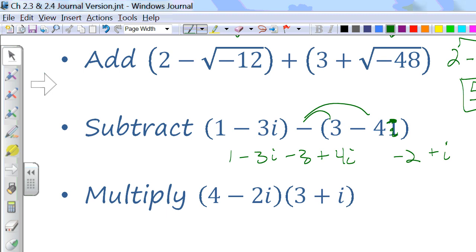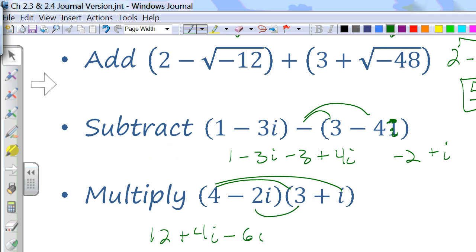Okay? And when I multiply this, there's something in multiplication to be careful about. 12 minus 6i minus 2i squared. But what we have to watch out for is that this i squared is equal to negative 1.